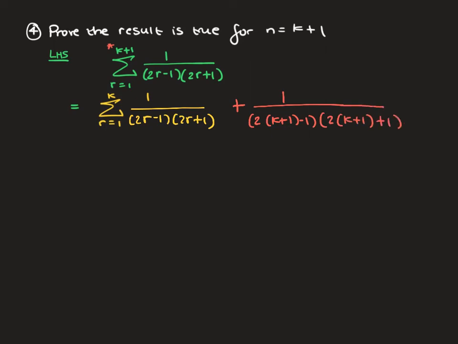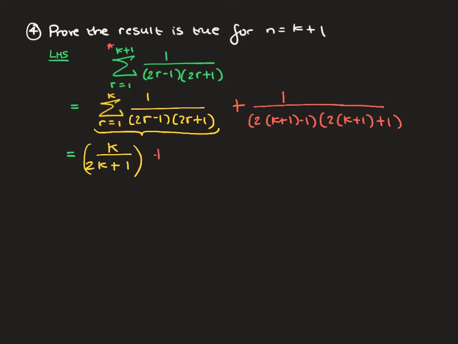I've taken the formula for the nth term and I've replaced n by k plus 1, or r by k plus 1. So what do we know? Well, we made an assumption about this yellow part. We made an assumption that that was equal to k over 2k plus 1.